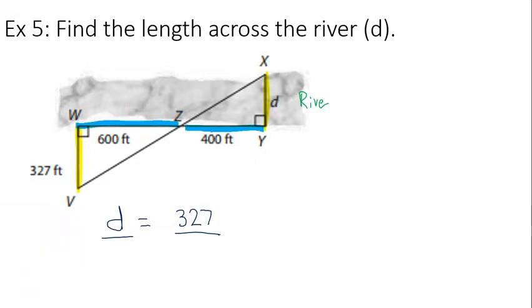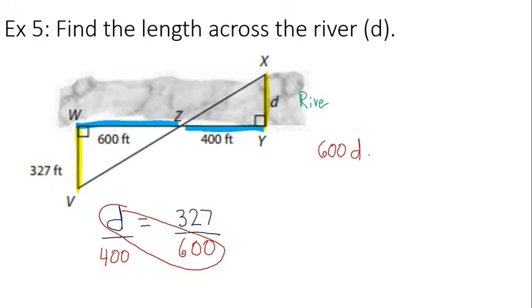The 600 and the 400 go together, but since D and the 400 go together, I'll put 400 under D, and then 327 and 600 together, so I'll put 600 under that. And I cross multiply here, so D times 600 gives me 600D equals, and I'm going to multiply 327 by 400.